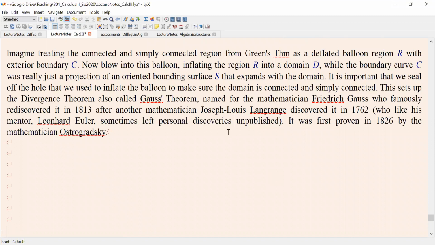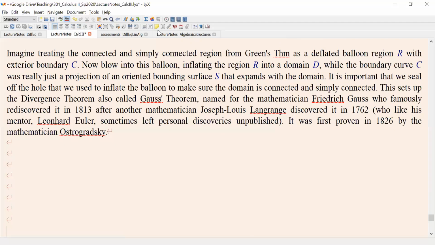What we're going to imagine in this case is, instead of having a soap film that we're blowing into a bubble, we start out with a deflated balloon flat on the ground. And what we're seeing is just a projection of that balloon surface on the ground. And so it looks like a flat region with a closed curve around it.